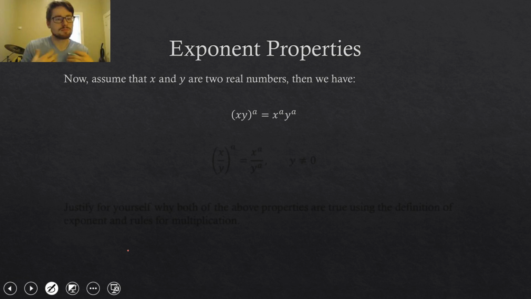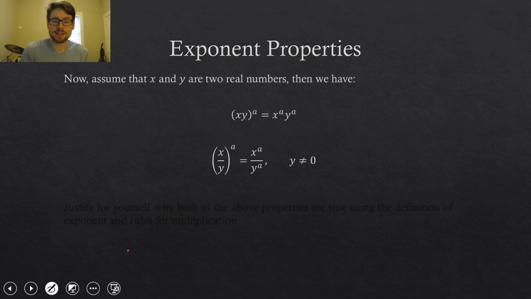and I'd encourage you to investigate why this is true. Similarly, if you have a quotient, x divided by y, and you raise it to the a power, you can also raise each part to the a power, the numerator and the denominator, as long as the denominator is not 0, and you get the same result, okay?